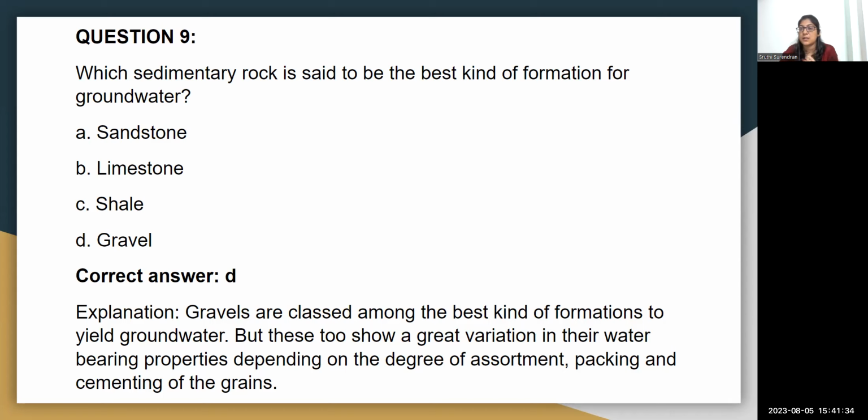Everything matters when it comes to the formation for groundwater. But if you talk about the type of sedimentary rock which is best for yielding a lot of groundwater, it is gravel. Sandstone, limestone, shale, and gravel being examples of sedimentary rock is another takeaway from this question.